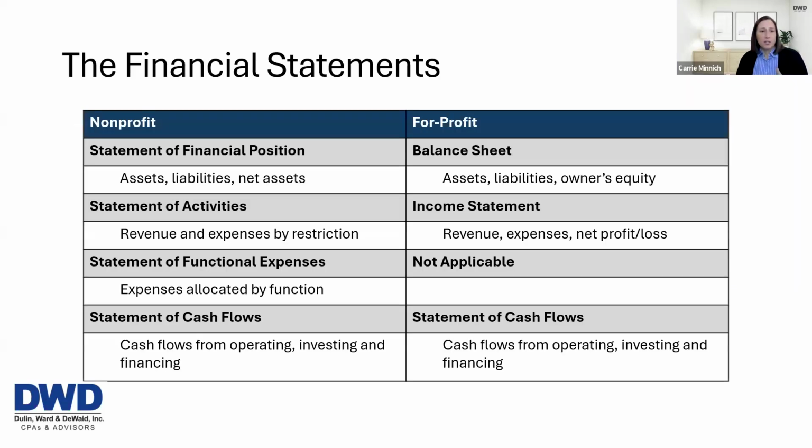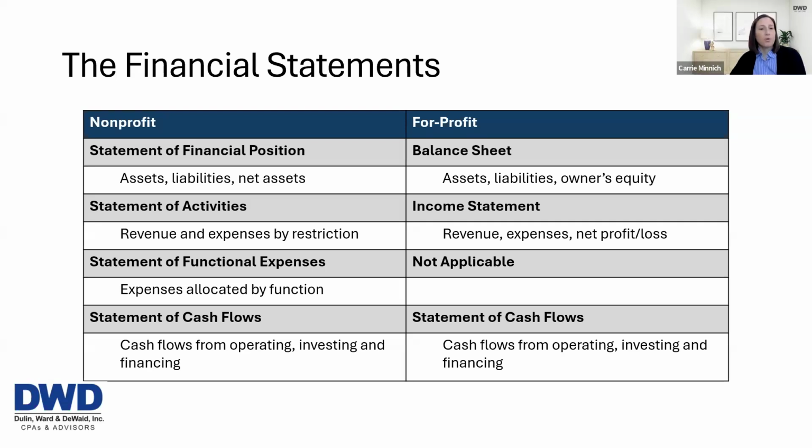When we look at these financial statements, there are four basic financial statements for nonprofits. The statement of financial position, which in the for-profit world is called the balance sheet. This reports your assets, liabilities, and net assets. Then we have the statement of activities, which in the for-profit world, the equivalent is the income statement that shows your revenue and expenses.